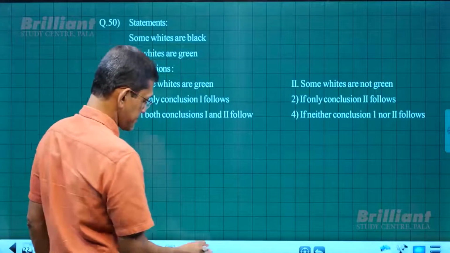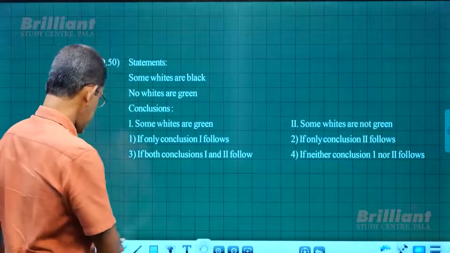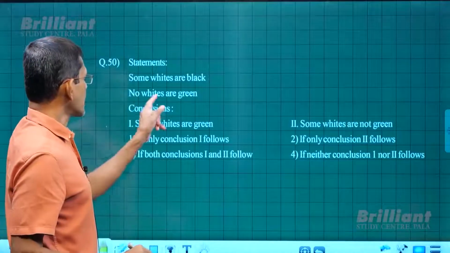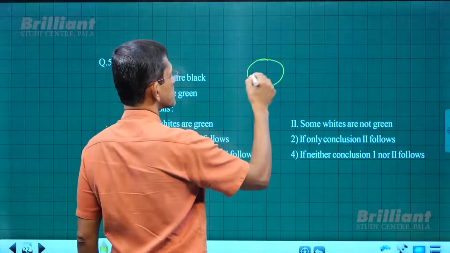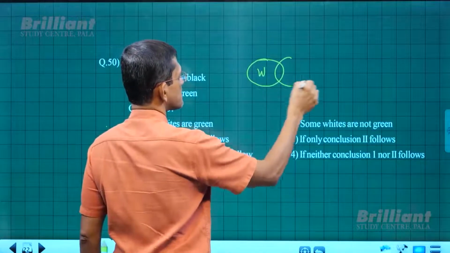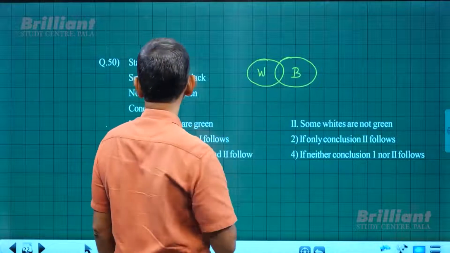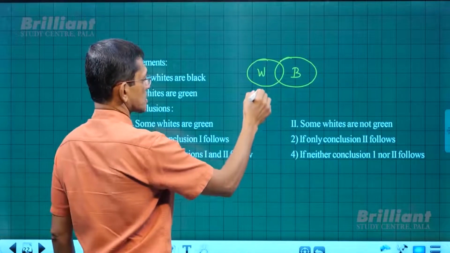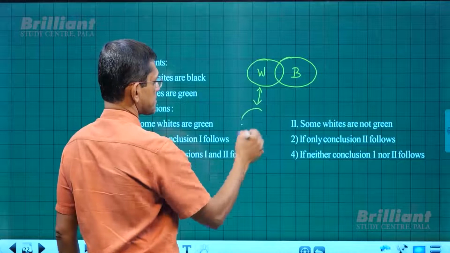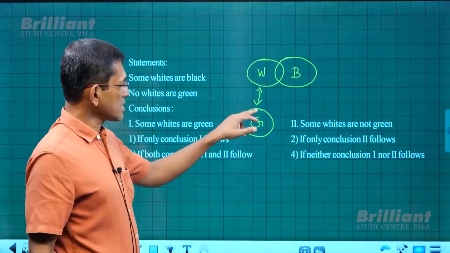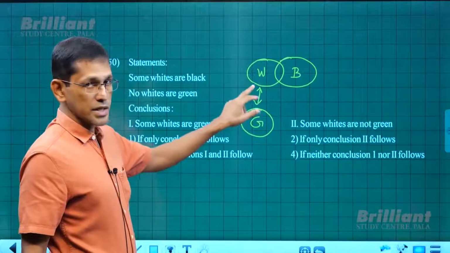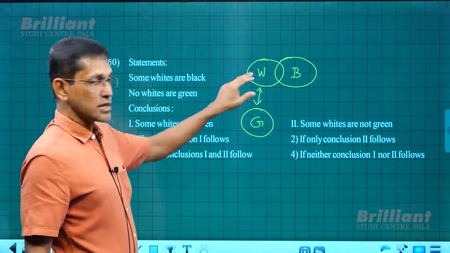Number 50. Some whites are black and no whites are green. Some whites are black. No whites are green, so there is no intersection between white and green. This diagram indicates that white cannot intersect with green and green cannot intersect with white.